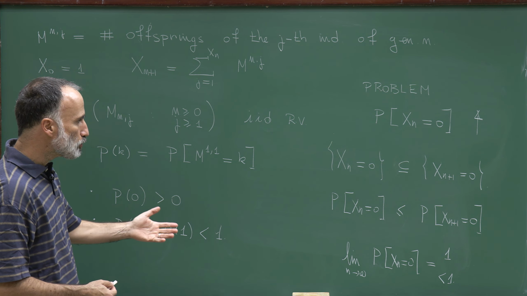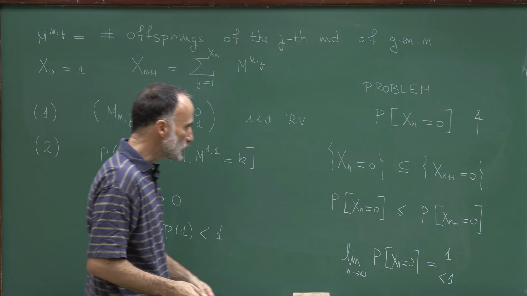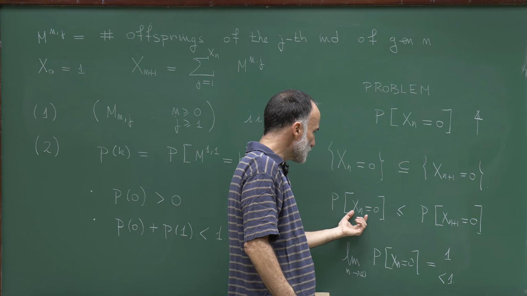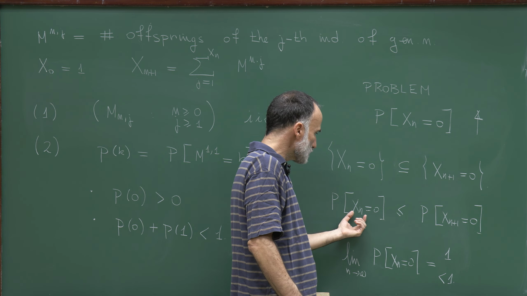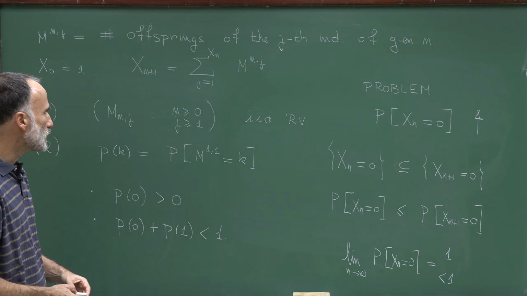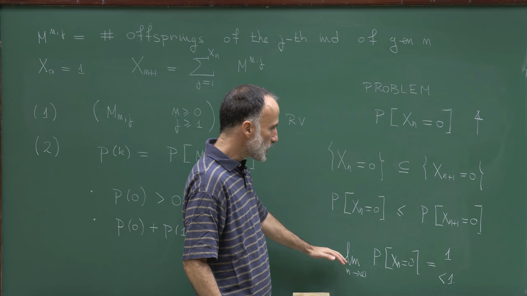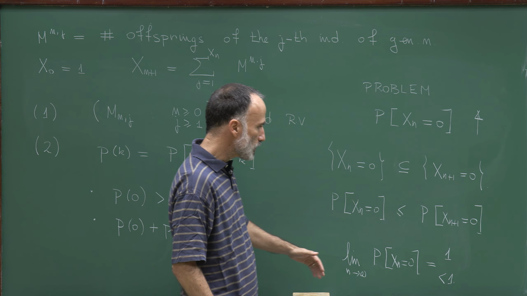So they proposed this model in order to investigate whether the total number of Great Britain's aristocratic surnames will disappear at some point or not. So this is the model, and this is the question which I will address in the next takes.